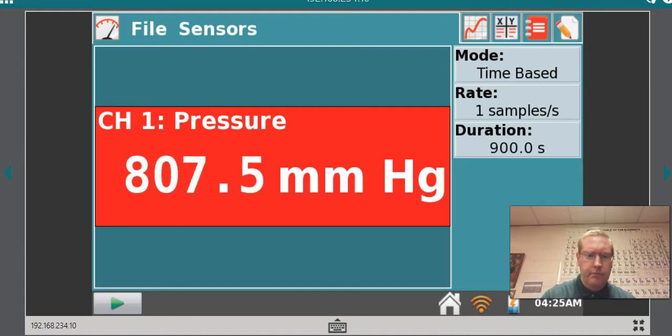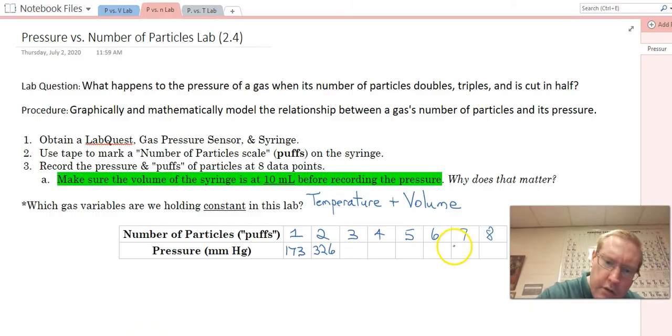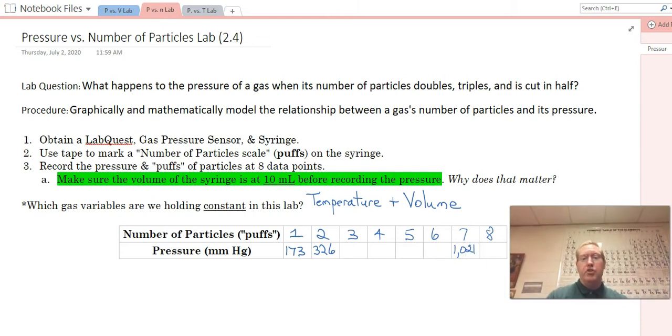Okay. So at 7 puffs, I had 1021 mmHg pressure. All right, thanks to the magic of screencasting, in a second you'll see the entire data table filled in.